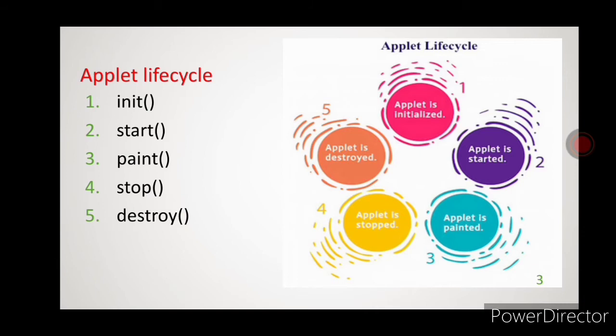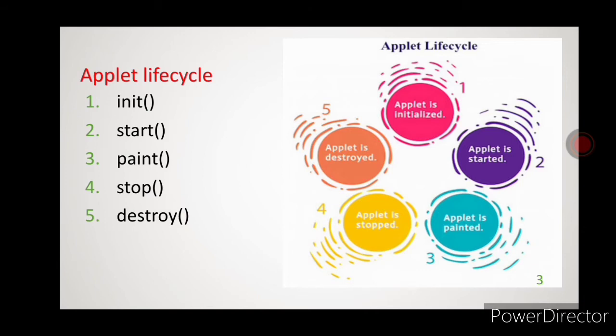It means the paint method is called each time when the applet is executed to show the output. If you want to show the output of that applet once again, the paint method should be redrawn or recalled.